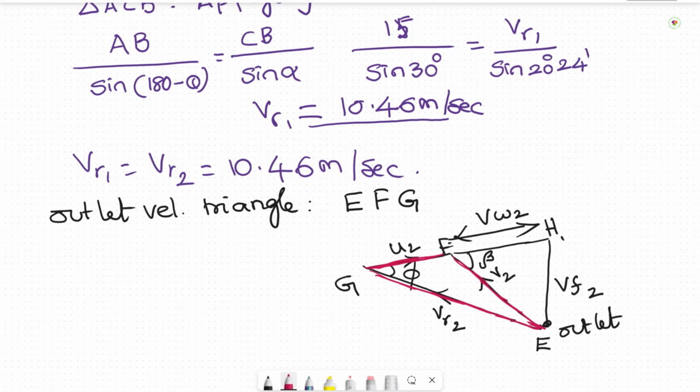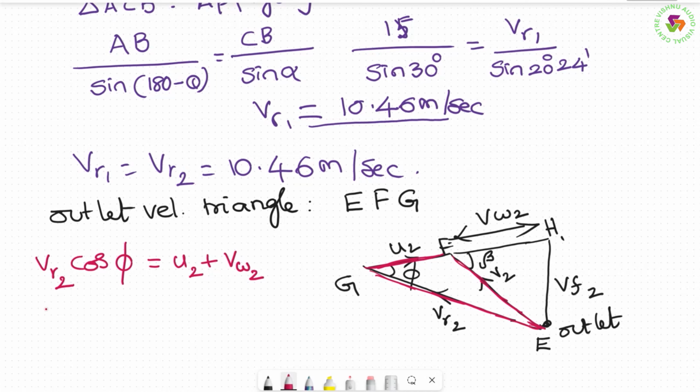So at the outlet, VR2 cos phi is equal to U2 plus VW2, because I want beta, that is why I'm working in that direction. Any dispute? Absolutely clean.